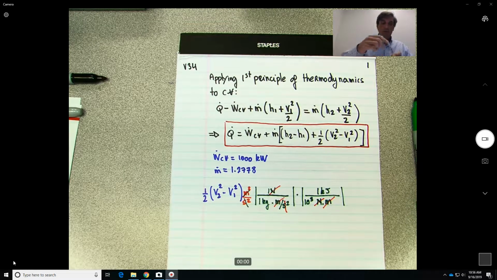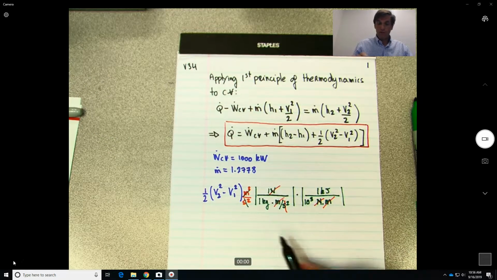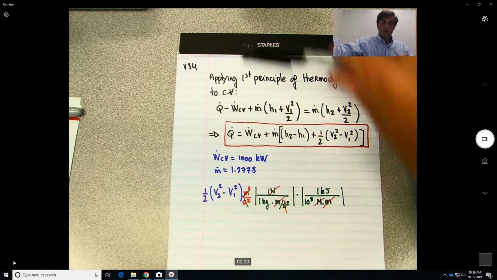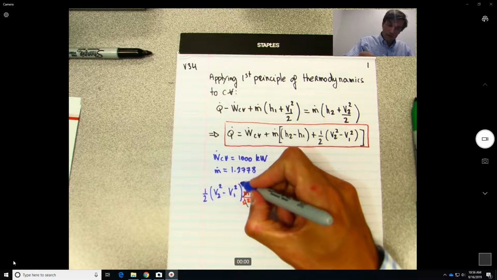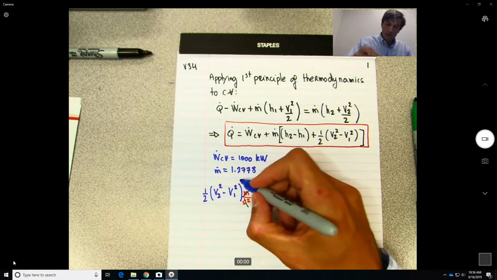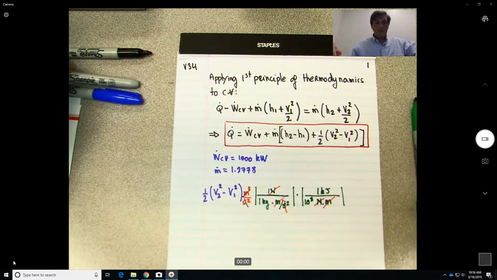So we're left with kilojoules per kilogram. Okay, so now if we multiply this, so let's do it in 2 steps.